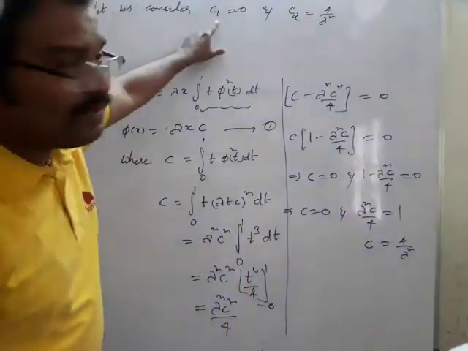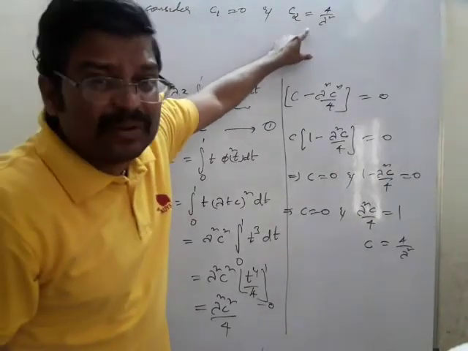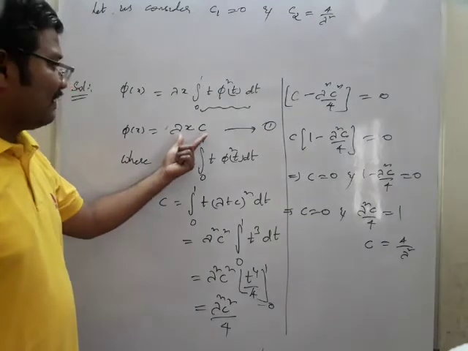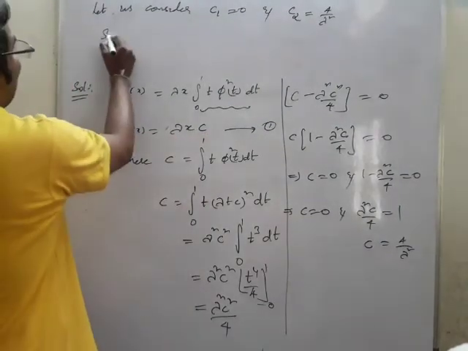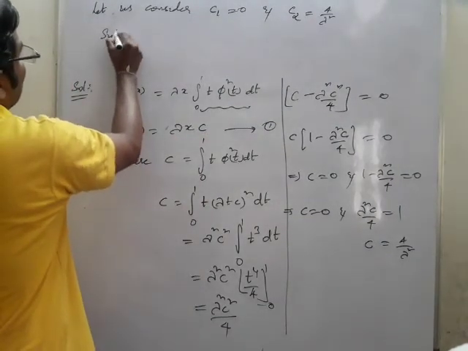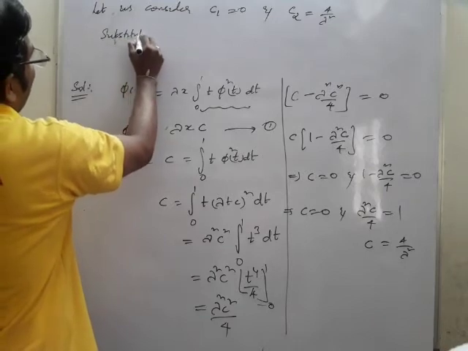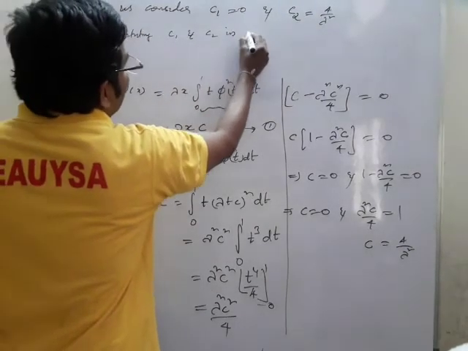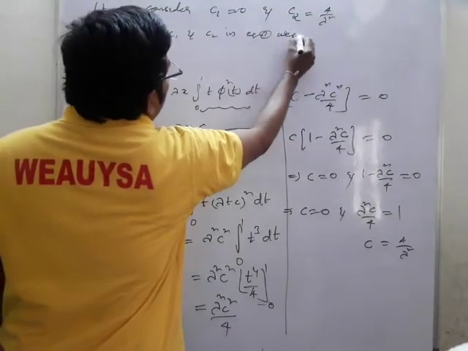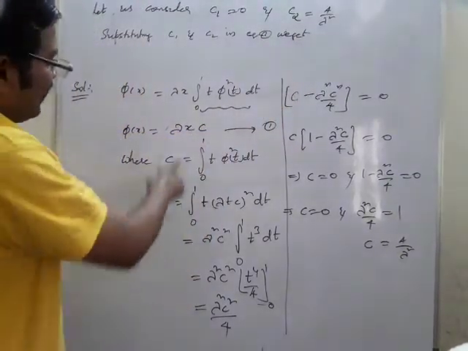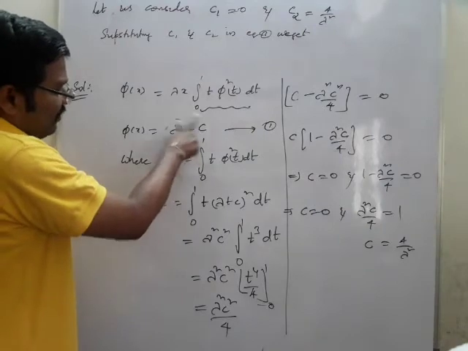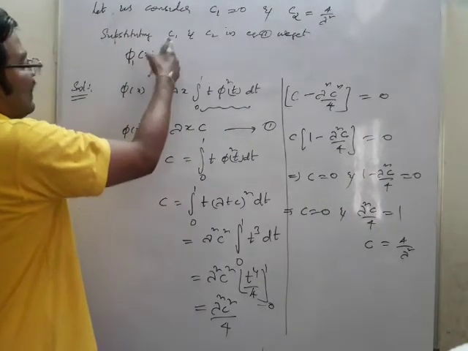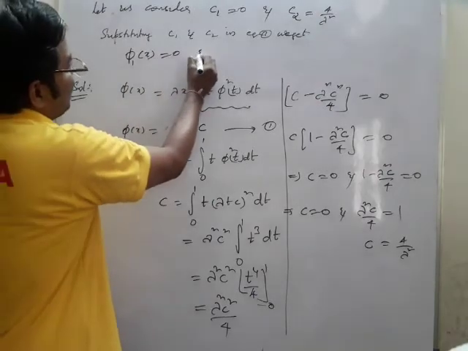Now we'll substitute c1 equal to 0 and c2 equal to 4 by lambda square in equation 1. So substituting c1 and c2 in equation 1, we get: when c1 is 0, this entire term will be 0, therefore phi 1 of x is 0.